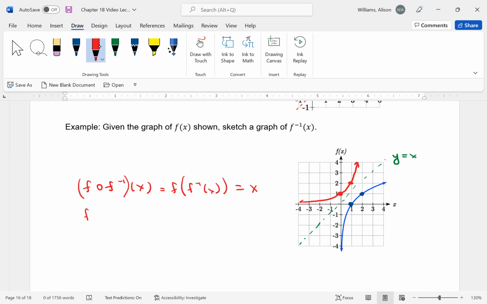The reverse is true. If I take f inverse and compose it with f, in other words, I'm plugging in f, it still comes out to x. So this x is actually relating to the graphical reflection that happens across y equals x. Pretty cool.